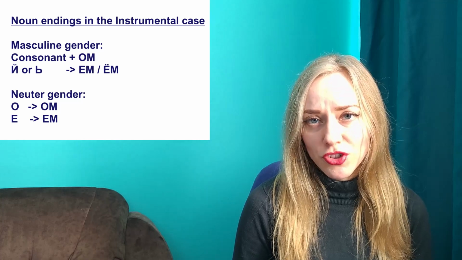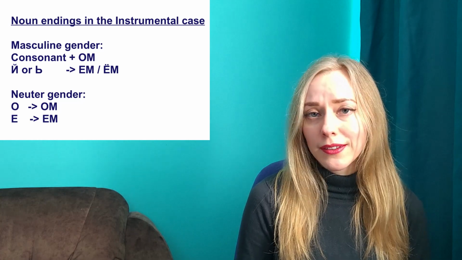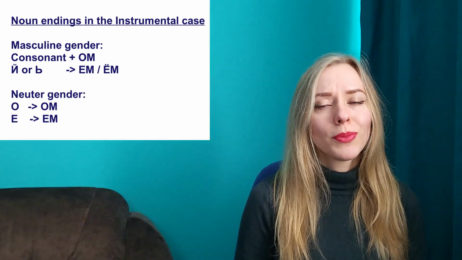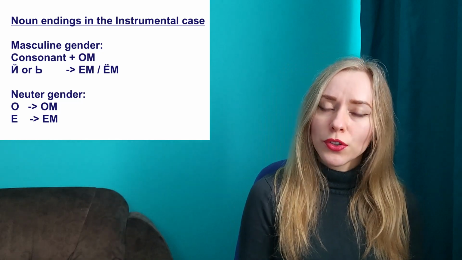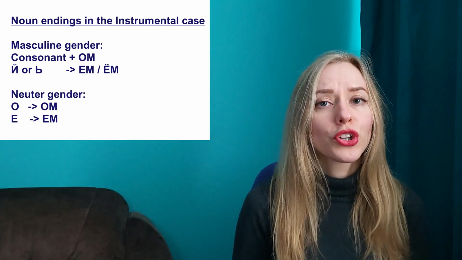In the instrumental case and all other Russian cases, the ending changes based on the gender and number. If we talk about the nouns of the masculine and neuter genders, the following changes occur. For most nouns of the masculine gender with the consonant in the end, and for neuter gender with the ending o, we add the ending om. If a masculine noun has y or soft sign at the end, or if the neuter noun has ye at the end, we should change to yem or yom.